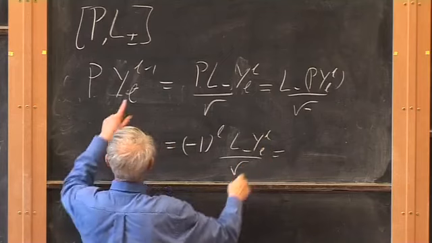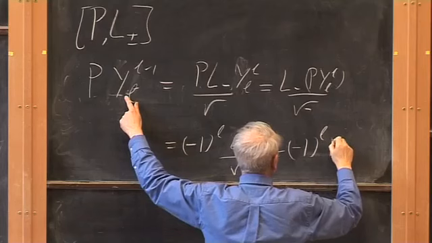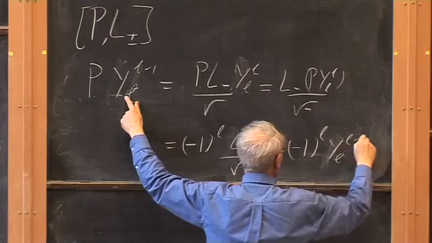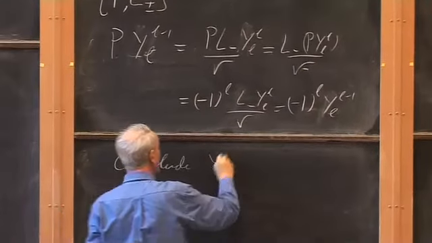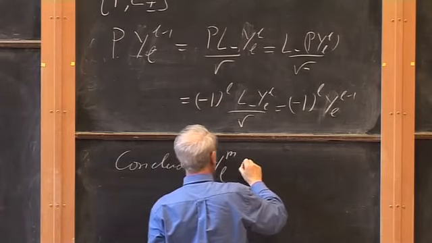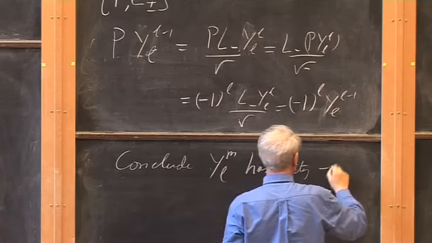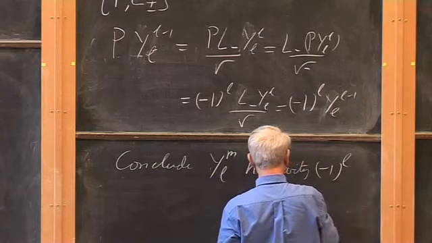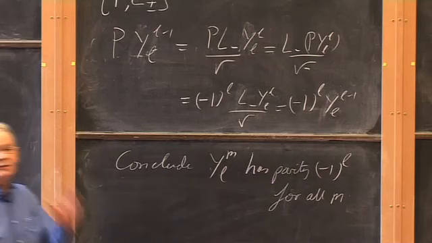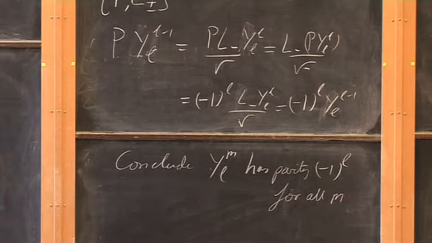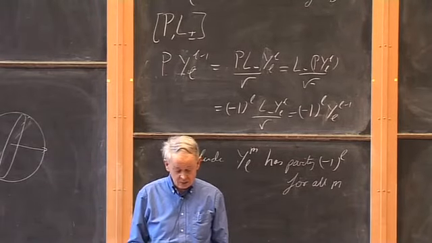But this is YL minus 1. So it's equal to (-1)^L of YL minus 1. So we conclude that YLM has parity (-1)^L for all M. This is a very important fact because it enables you to set to 0 all sorts of integrals which would otherwise be very tiresome to work out.